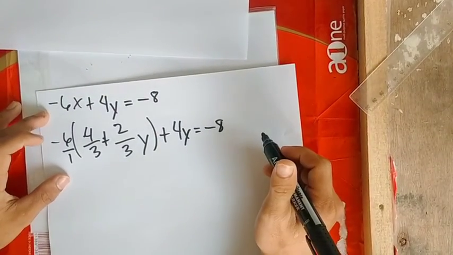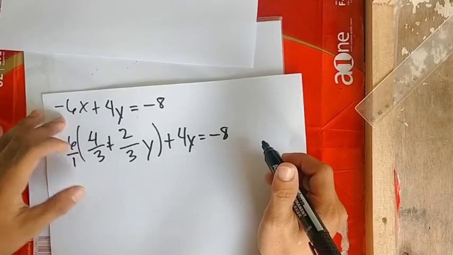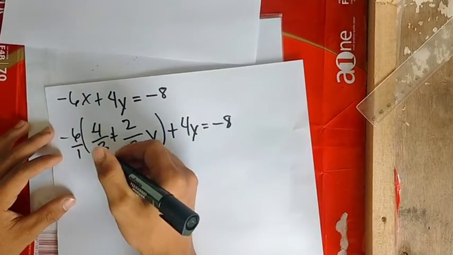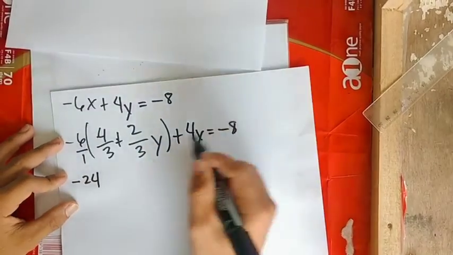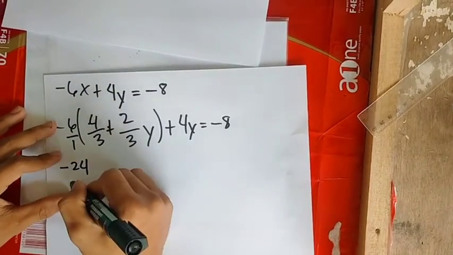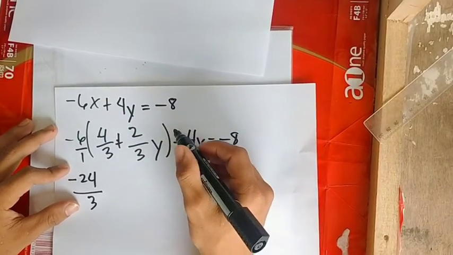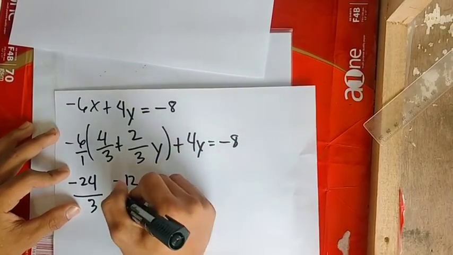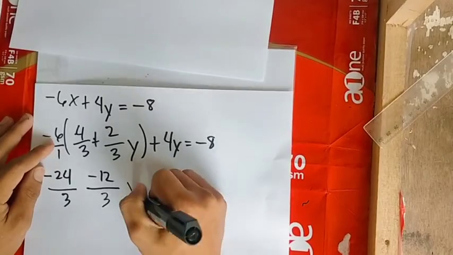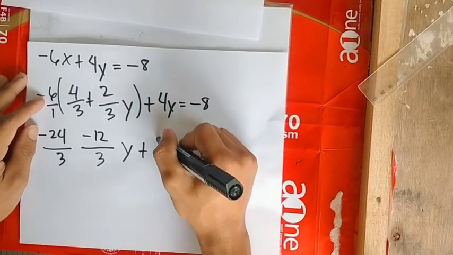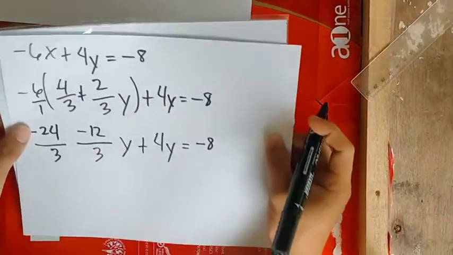Next, we need to multiply the numerator by the numerator and the denominator by the denominator. So it will multiply negative 6 times 4 equals negative 24. Then 1 times 3 equals 3. Then negative 6 times 2 is equal to negative 12 over 1 times 3 equals 3, y, plus 4y equal to negative 8.